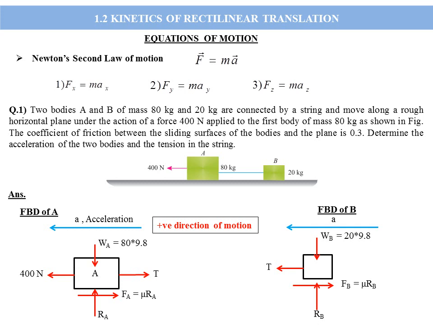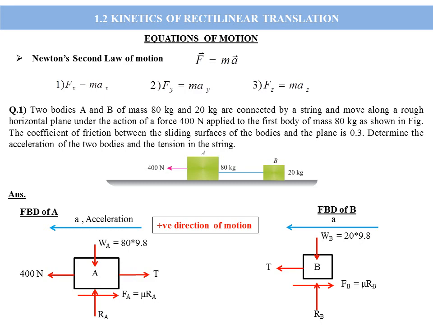Now the free body diagrams of A and B are completed, so we will solve them using the equation of motion F equal to ma in the horizontal and vertical directions, and we will try to find the acceleration of the body and the tension T.